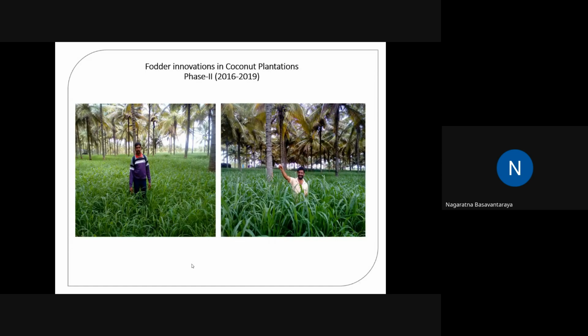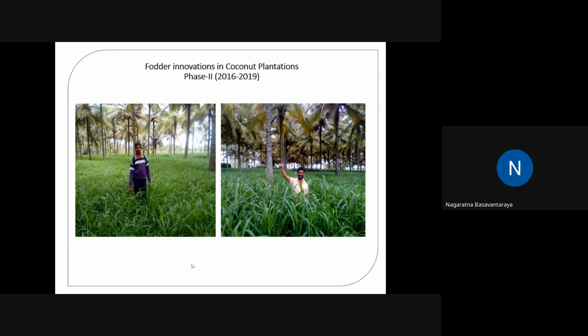So in our training program, they opted for the perennial fodder sorghum. Most of you may be aware of the perennial fodder sorghum. It's a fodder sorghum having a perennial nature. Once you sow this crop, it comes up for a minimum of 6 to 7 years, even under low fertile conditions and in poor soil.